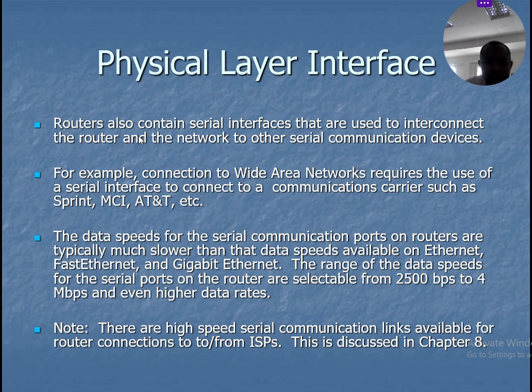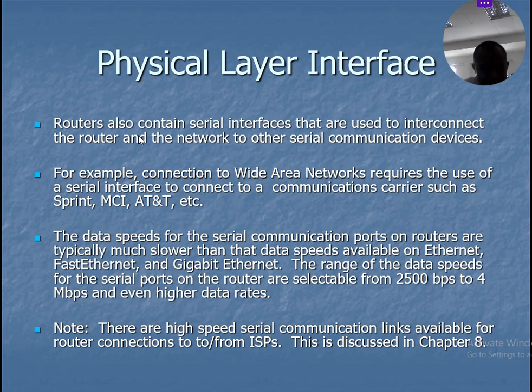Routers also contain serial interfaces that are used to interconnect the router and the network to other serial communication devices. They also have serial ports that they use to connect routers to other telecommunication gadgets. For example, the connection to a wide area network requires the use of a serial interface to connect to a communication carrier such as Sprint or MCI.